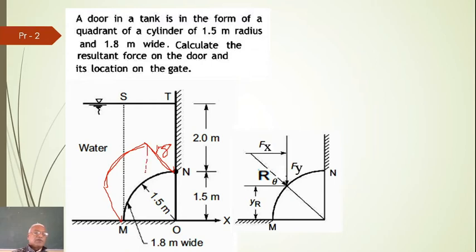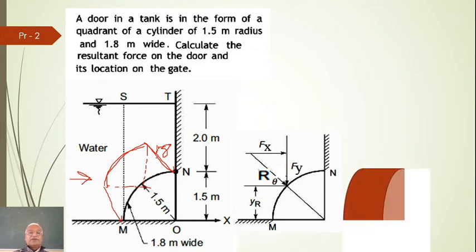Now that's how the thing is, right? This quadrant, and then the quadrant at the end of the gate, will be looking like that. So whatever curved surface is there, it will be like this. Okay, but when you stand exactly in front and try to see how it looks, the same is shown over here.